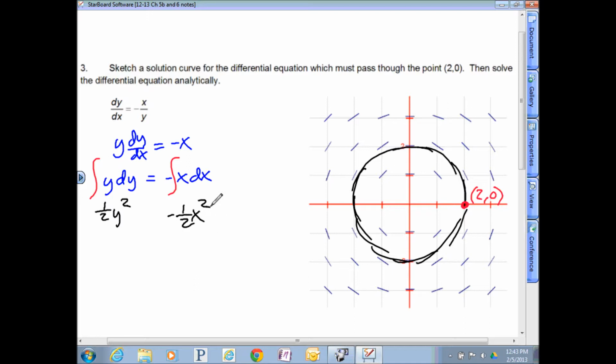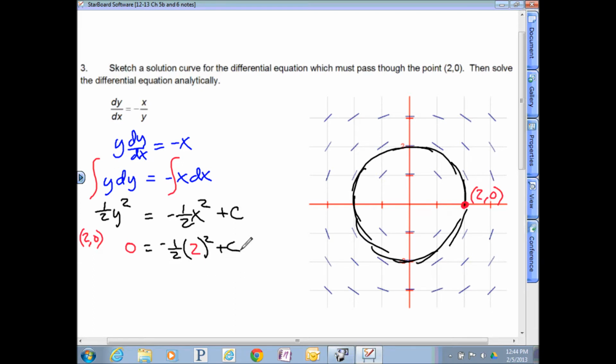And since we're probably looking to solve for y in a problem like this, I'm going to put in a single c, and I'm going to put it opposite the y that I'm probably ultimately going to solve for. So now we've got a couple ways we could go. We could find c right now. If I wanted to find c right now, I'd use the point (2, 0). I'd put 0 in where I see a y, and I'd put 2 in where I see an x, and see what my value comes out to be.